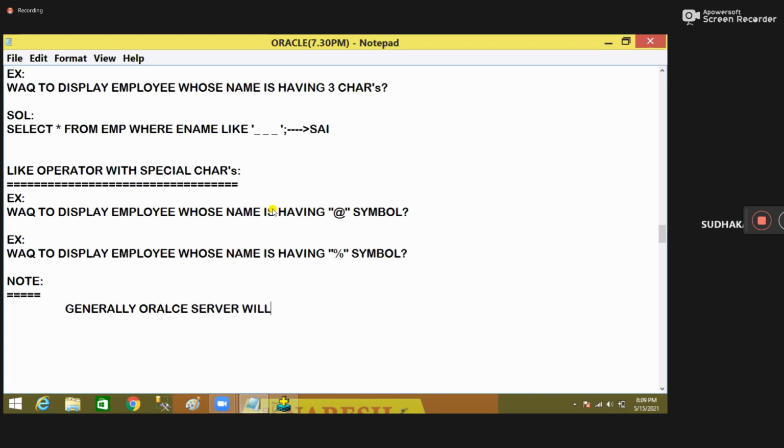Oracle server will treat the underscore and percentile symbols as wildcard operators. It is treated as a wildcard operator, but not as a special character.